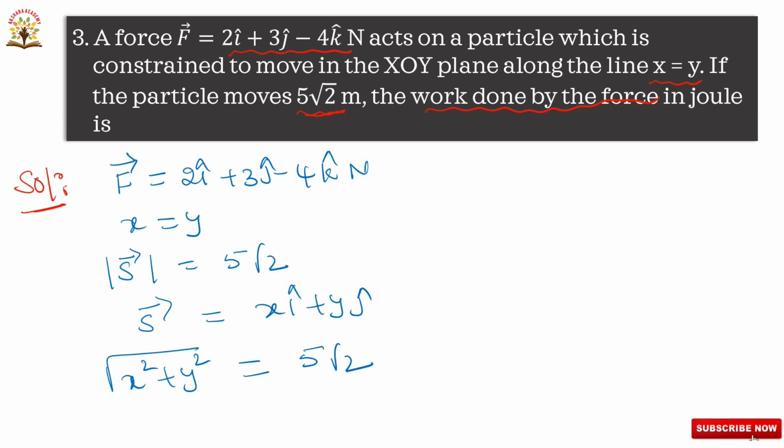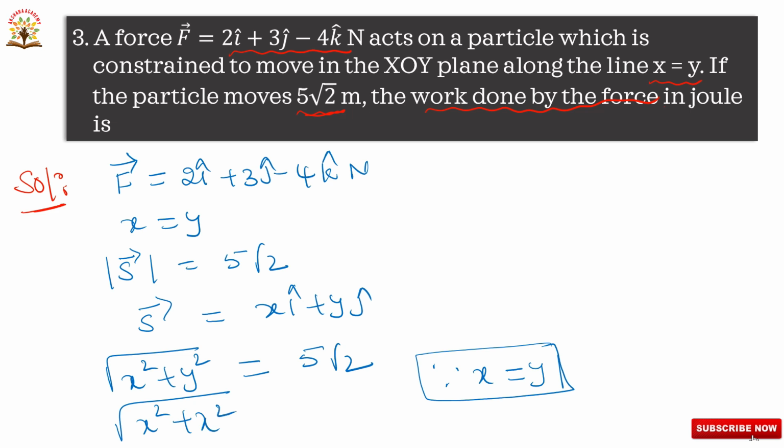Now since we are substituting x in the place of y, because x equals y, root of x square plus x square equals 5 root 2. Now we are getting root of 2x square equals 5 root 2.